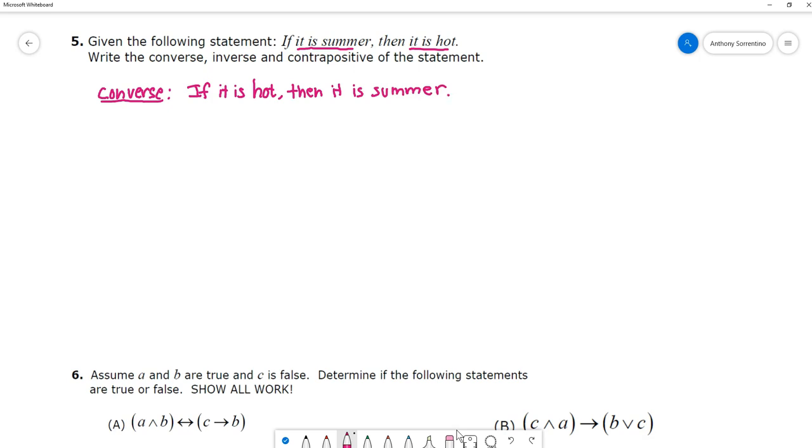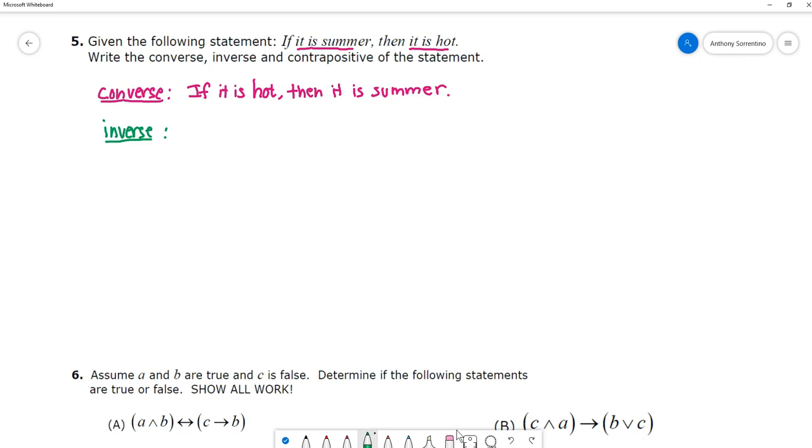Now, we're not stating the truthfulness or falseness of the statement. We're just stating an if-then statement here. For the next one, the inverse, we negate the if and then portions.